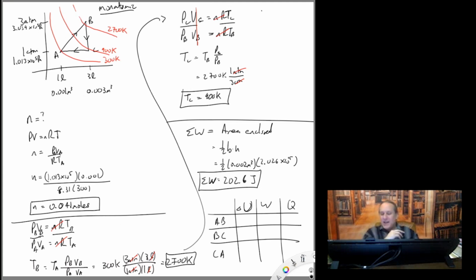So can anyone tell me how we know the sign of delta U? What is it that tells us if delta U is positive or negative? Do you guys remember that from last time? Delta U is the internal energy of the gas. So how do we know when the total energy of the gas has gone up or has gone down?